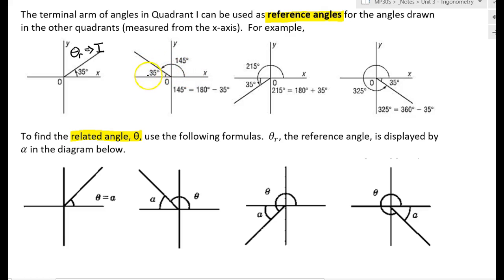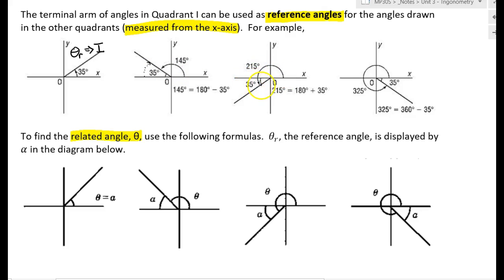Well, 45 degrees is actually related to 35 degrees because we're always going to measure from the x-axis. Okay, so our reference angle is always measured from the x-axis. So in this case, 35 degrees shows up here, but 45 degrees is our actual angle measurement.